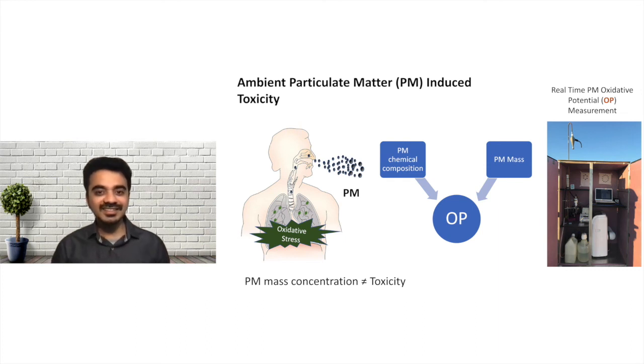So, what this suggests is that the chemical composition of PM is very important in determining the overall health risk associated with PM exposure. So based on these promising results, I propose using OP in future health exposure studies to determine the relationship between PM exposure and adverse health effects at different geographical locations all over the world.